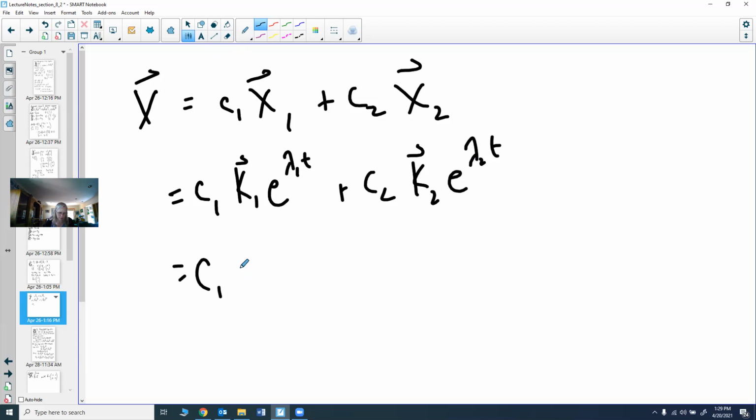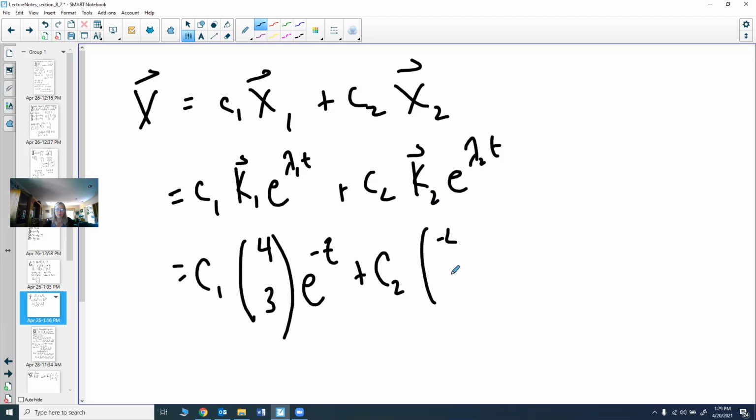We would need an initial value to find out what that is. So K1 was 4, 3. Sorry, I wrote 4, 3 and said 3, 4. E to the negative t, because lambda here was -1. K2, we just found to be -2, 1. E to the -7/2 t.